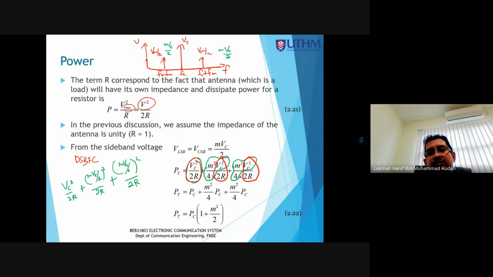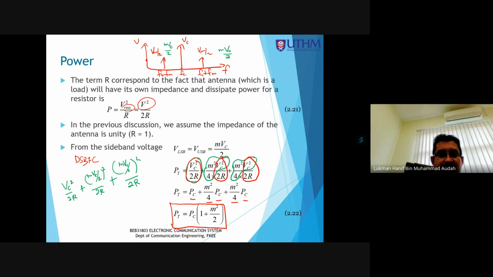So that's why we can rewrite the equation as PC, the carrier power, plus M square over 4 PC plus M square over 4 PC. And if you rearrange, you can find this equation: P total equal to PC in bracket 1 plus M square over 2.